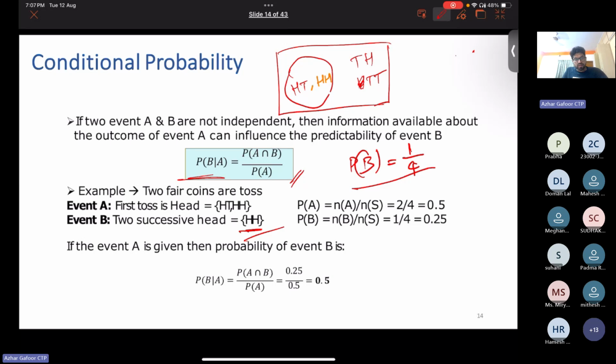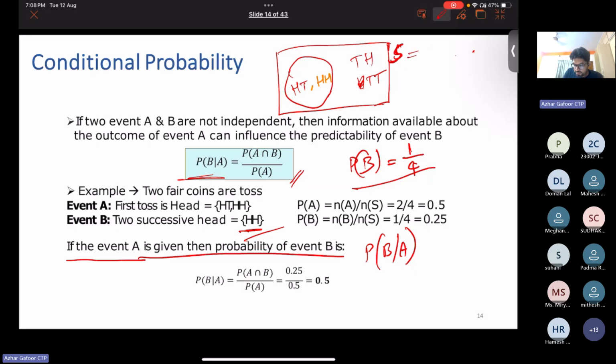Now the conditional probability. We are asked, if the event A is given, then what is the probability of event B happening? Now we know that event A has occurred. So now we are asked probability of B given A. Before A has happened, this was our sample space.